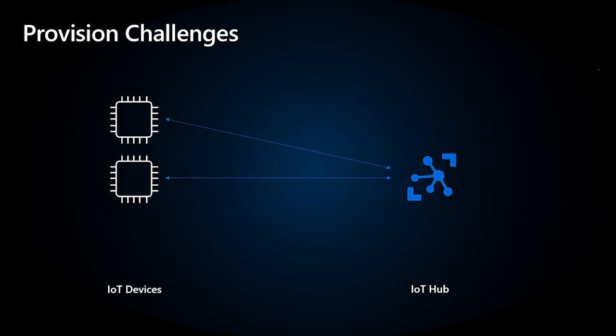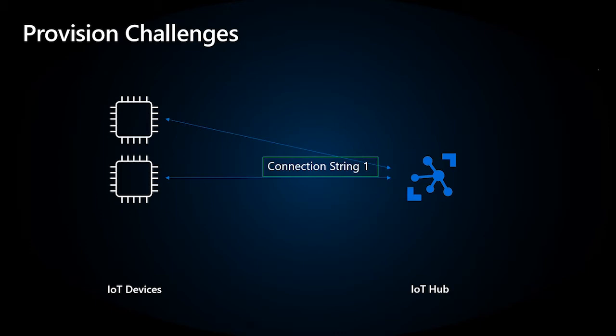Imagine if you want to connect a device to an IoT hub. It's really simple. You have a device, you have one connection string, and that device is connected to that one IoT hub. What happens if you have multiple devices that you want to assign an IoT solution?